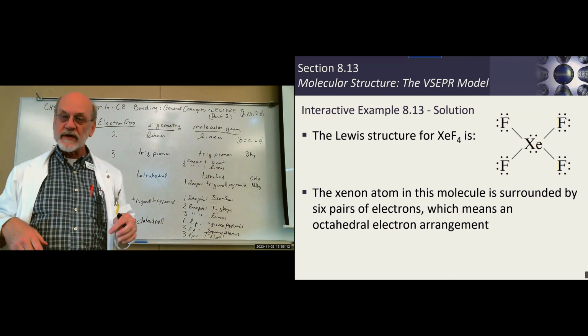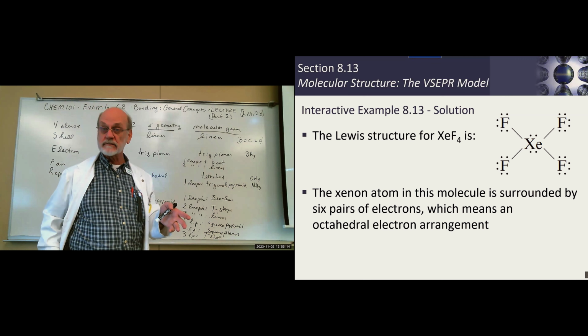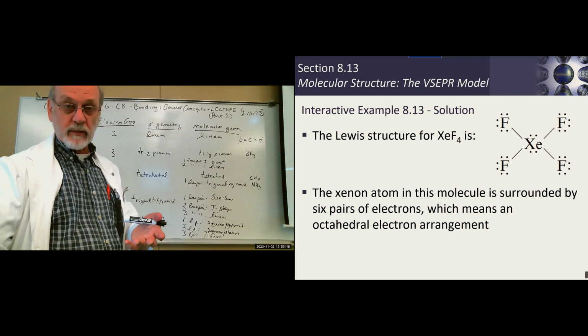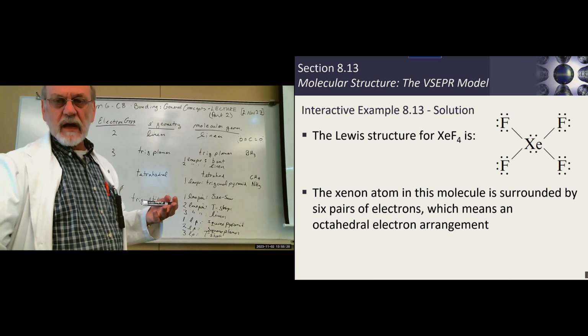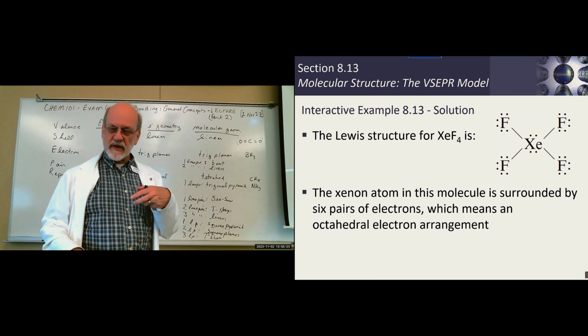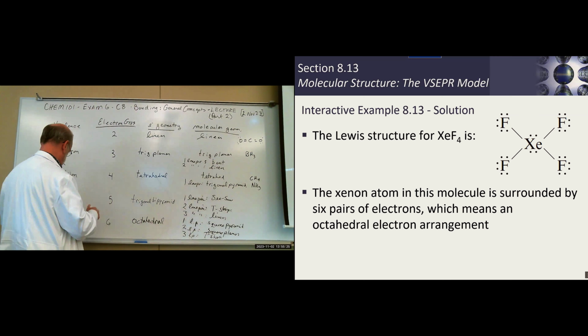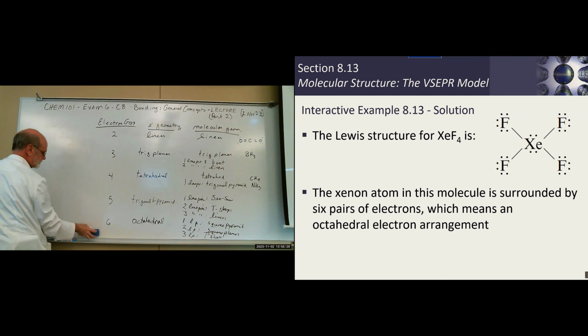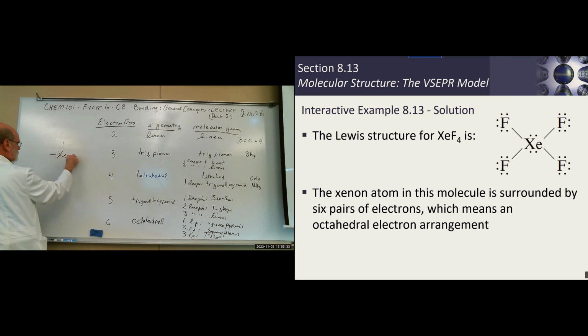Well, we know that fluorine is more electronegative than xenon because of its position in the periodic table. So we should expect the polarity of the bonds to be toward the fluorine. Right?